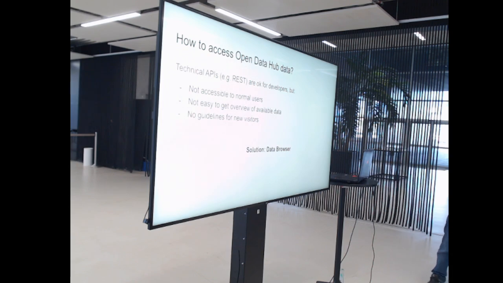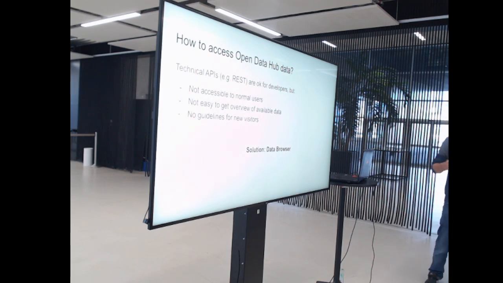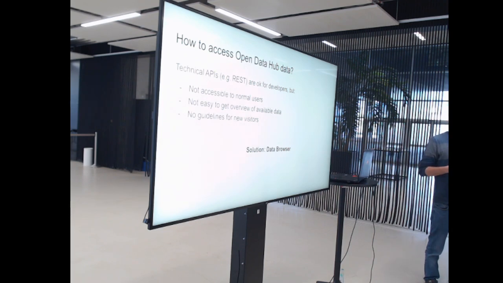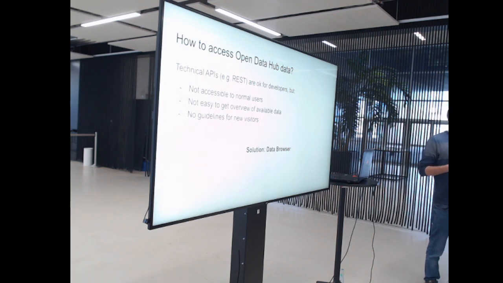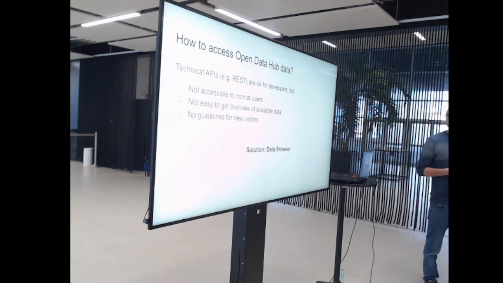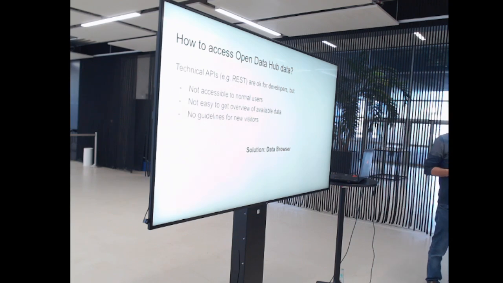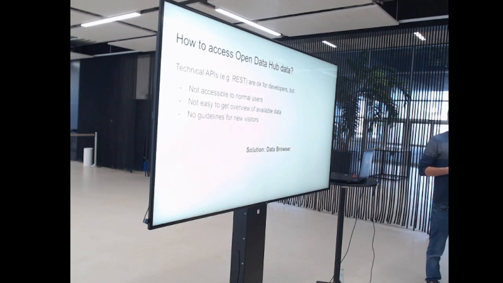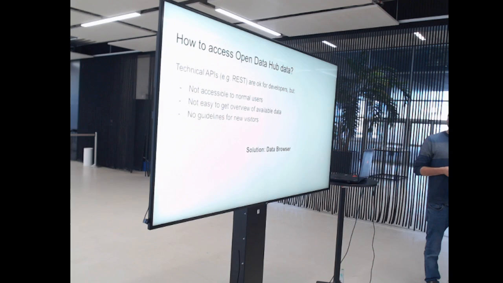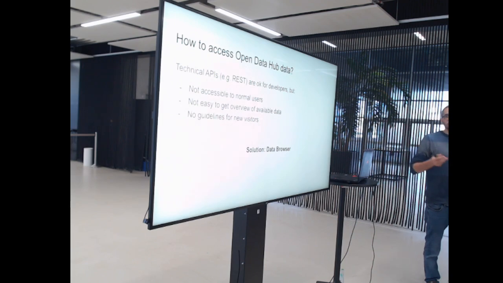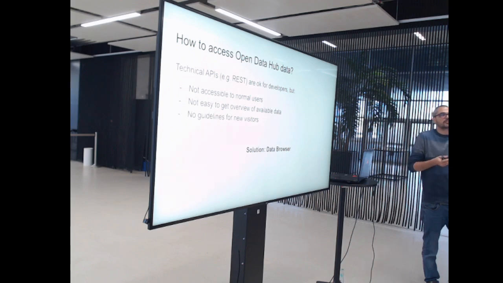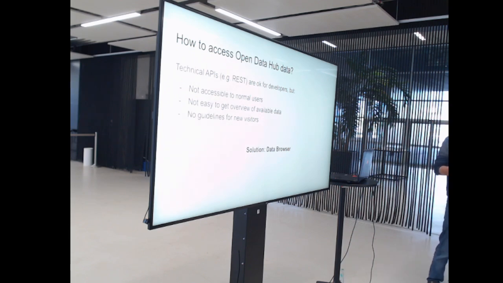Now, technical APIs are nice for developers because, as developers, we know how computers work and what REST means, for example. But for normal users, it is not really accessible. For example, a business manager or a salesperson doesn't really know what to do with the terminology REST. So what is it supposed to do?